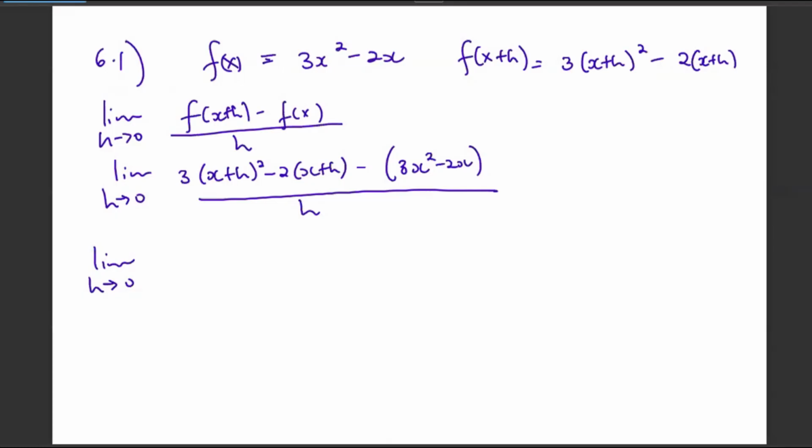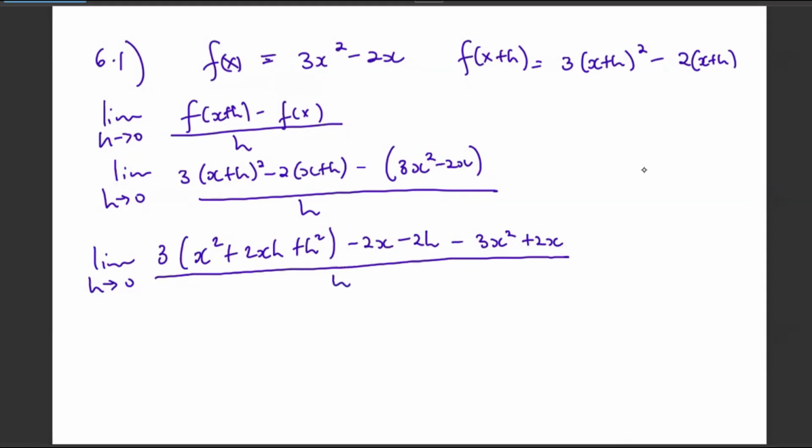If we open up the brackets, we're going to have 3x squared plus 6xh plus 3h squared minus 2x minus 2h. We have a minus 3x squared plus a 2x. All this is over h.